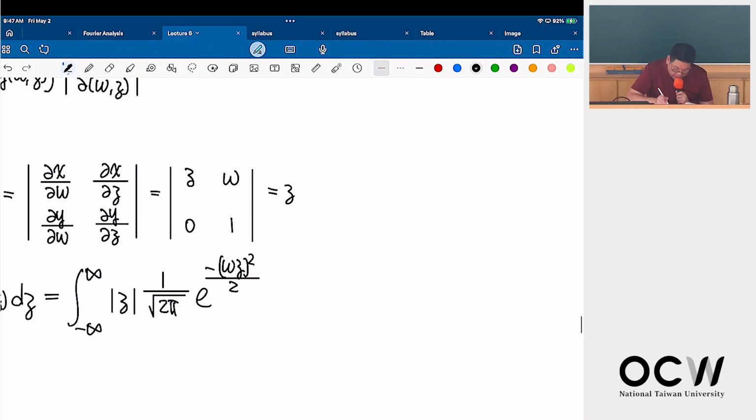And for the PDF of Y, 1 over square root of 2 pi, and exponential to the minus z squared over 2, dz.